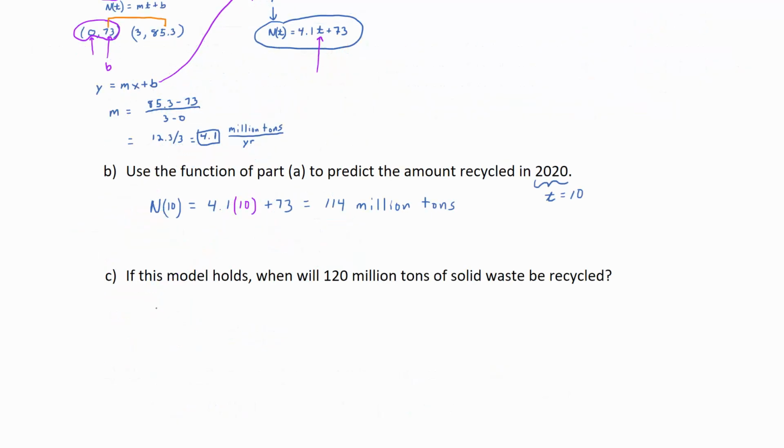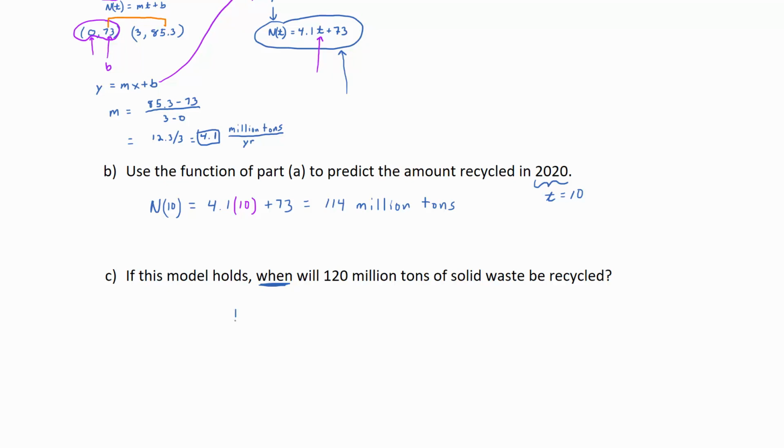In part C, if this model holds, when will 120 million tons of solid waste be recycled? So remember, this is our model, and n of t represents how many millions of tons of solid waste is being recycled. T is just time in years after the year 2010. Oh, so the word, when, is kind of key as to what it is we're looking for. We're looking for a t value here, not for an n of t value.